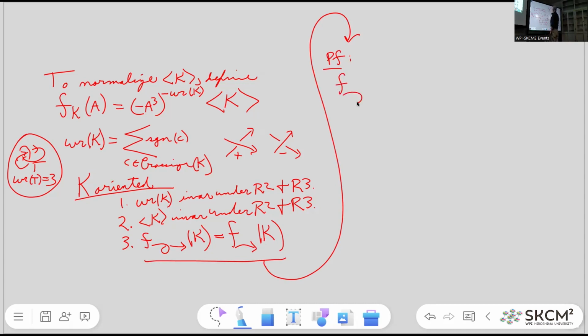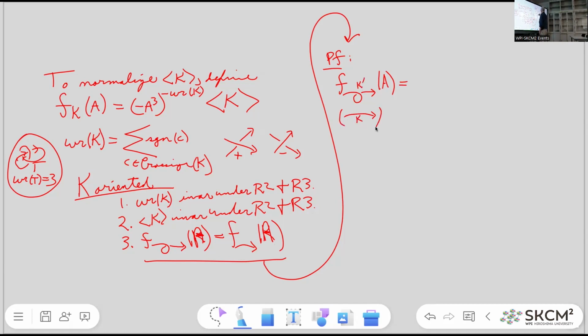So if we had a knot with a little curl in it like that, and we wanted to figure out, oh, I should have said as a function of A, of course, f sub K of A. Okay, so I'm looking at f of this, and let's call this K and this K prime.